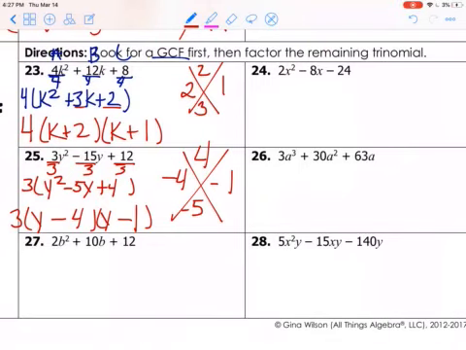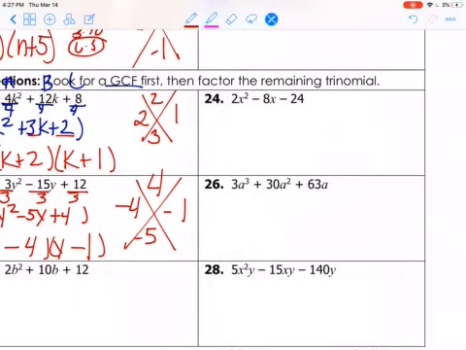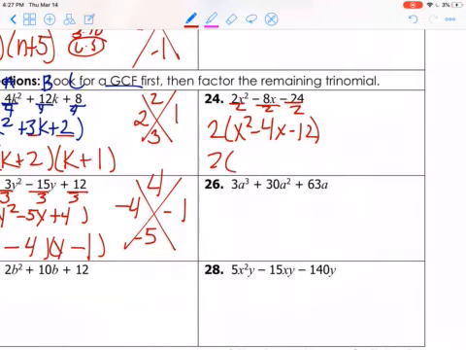Okay, let's do 24. GCF here is 2. So divide them all by 2. I'm going to set up my factors so they're there. I know x squared breaks apart into x and x. And I'm going to set up my new x. We have negative 12 and negative 4.